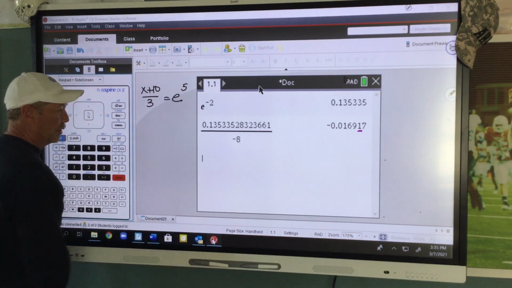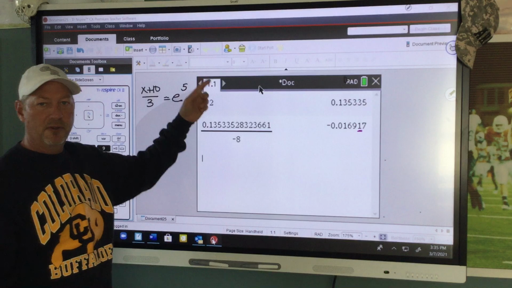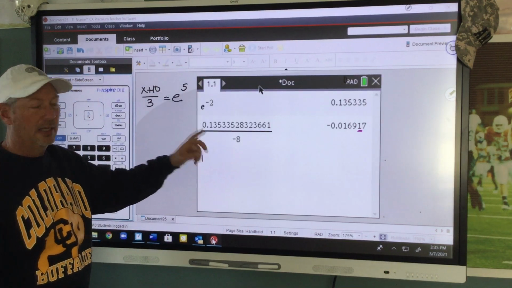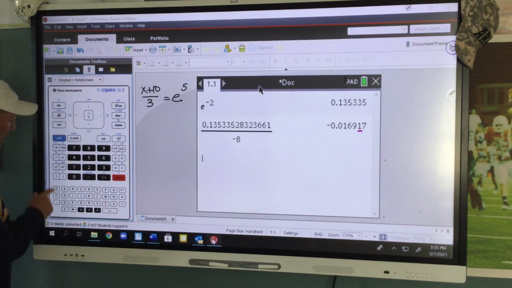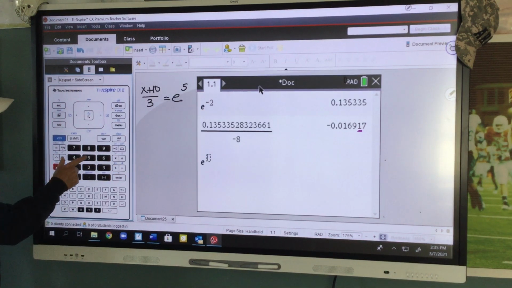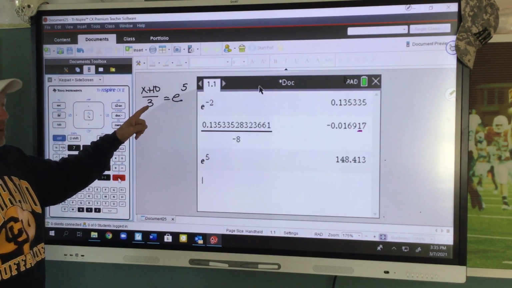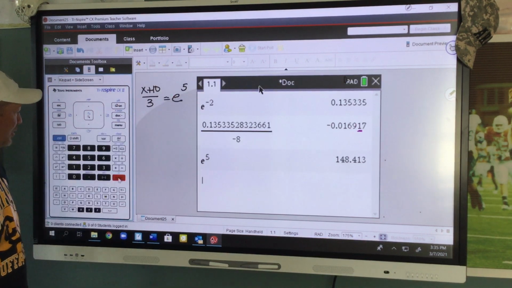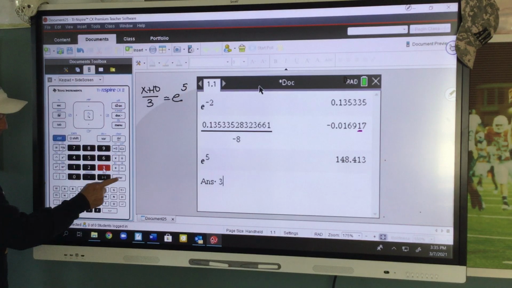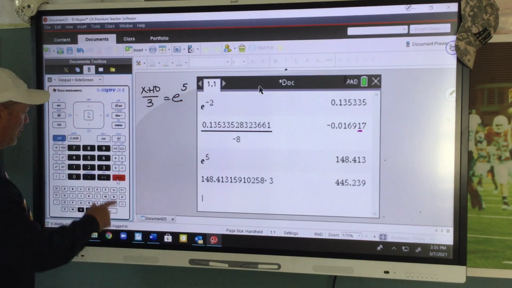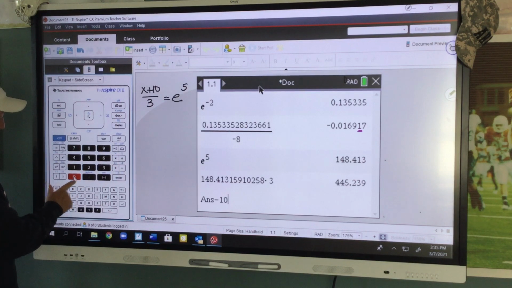So the first thing we want to do is we want to find out what e to the 5th is, and then we're going to multiply times 3 and then subtract 10. So we have e to the 5th, enter. To move the 3 from the bottom, we're going to multiply both sides times 3. And then we're going to subtract 10. So we're going to say minus 10.